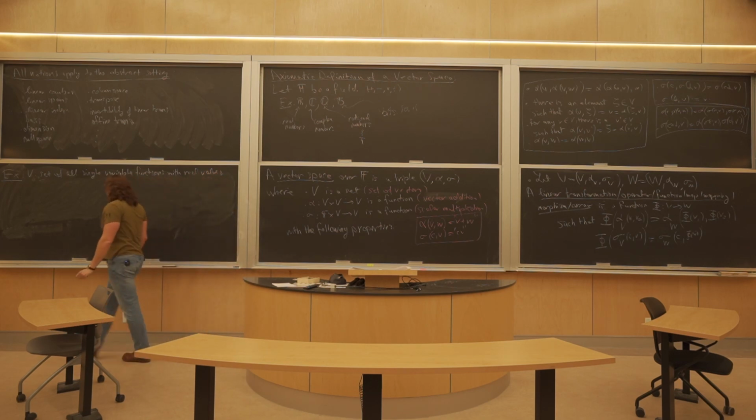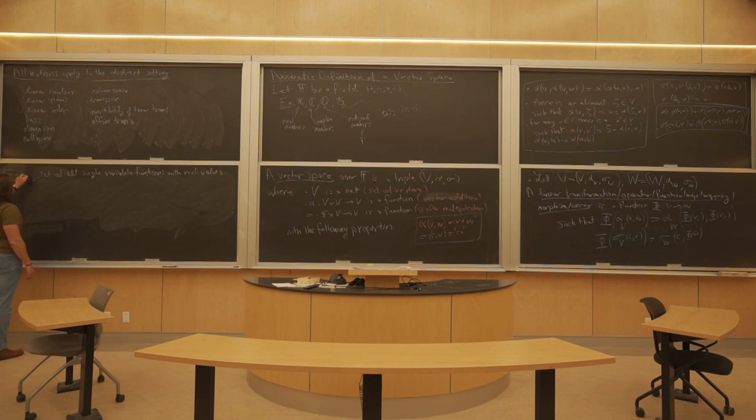Okay, so maybe I should use the letter curly F, F for function. This is a function space. So any vector allegedly here is a function, okay? So any element in F looks like this.